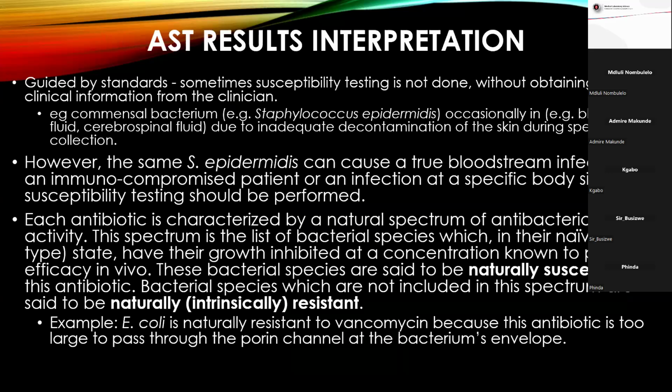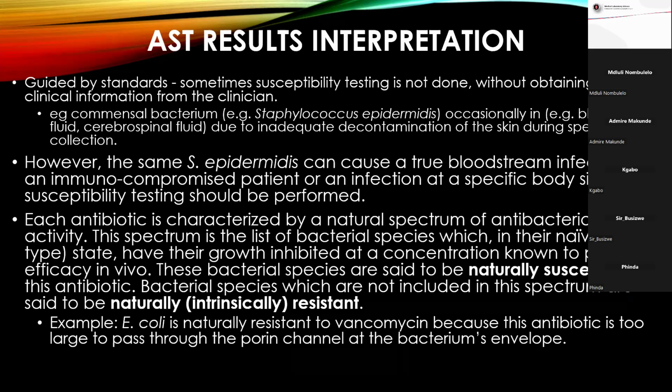So on the interpretation, as I highlighted earlier, there are some AST that are not done or interpreted without clinical information from the clinician. Like we're talking of commensals, like Staphylococcus epidermidis. Usually it's isolated in specimens like blood, joints, and CSF as a result of contamination.